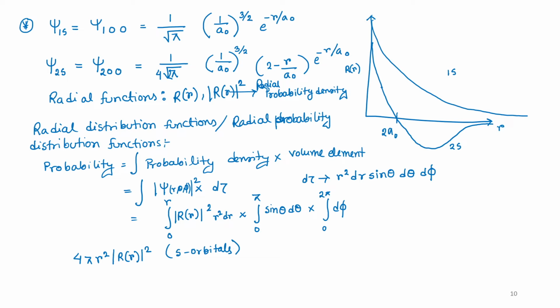And how is it different from the plot of your radial function?